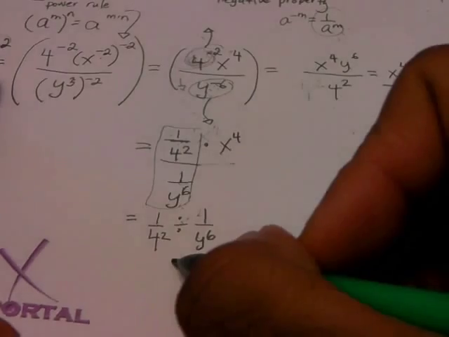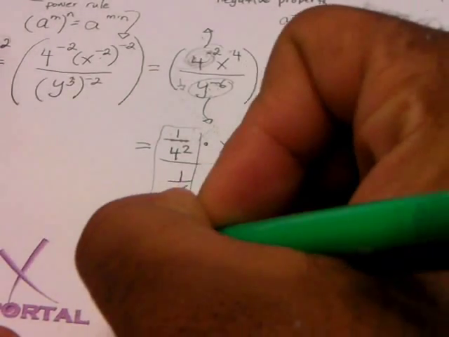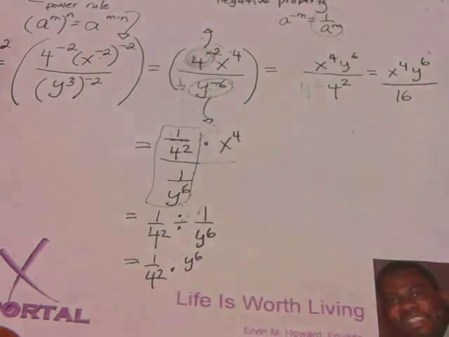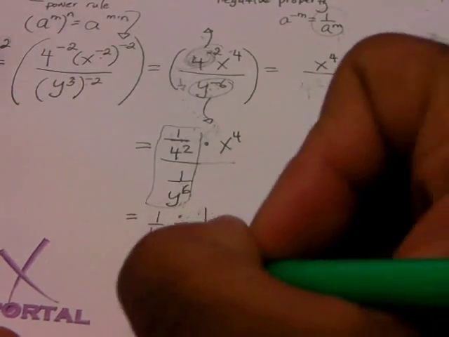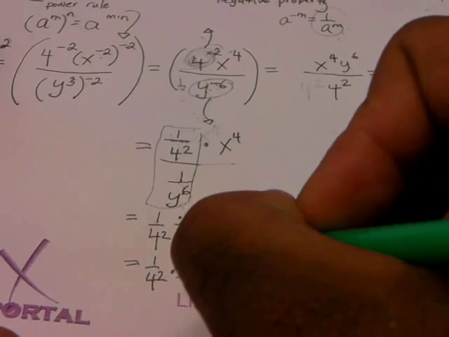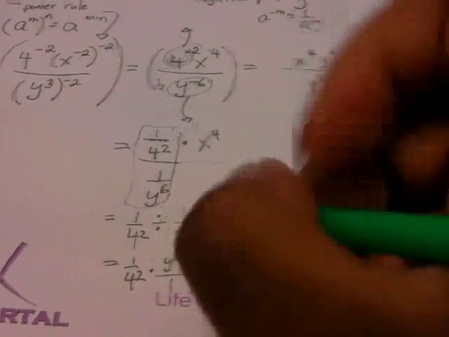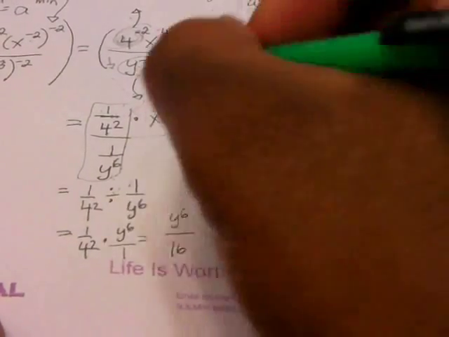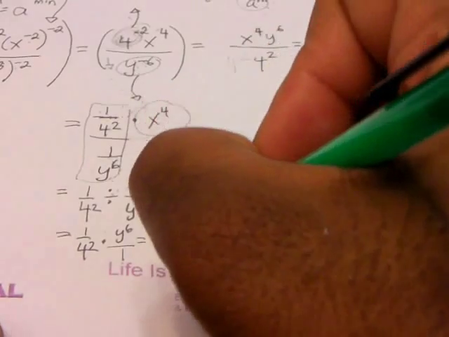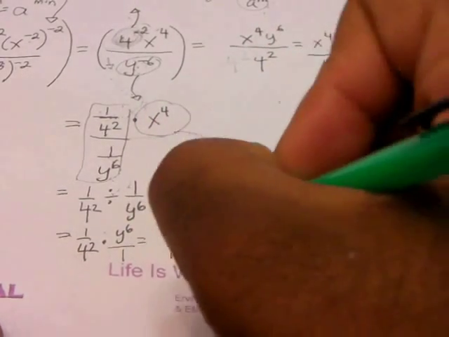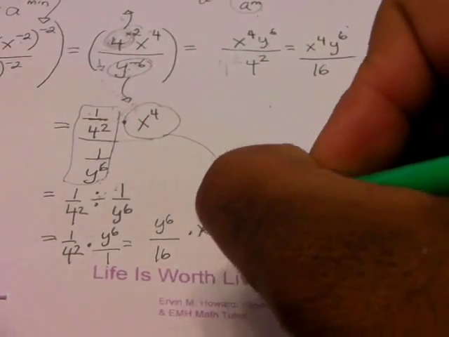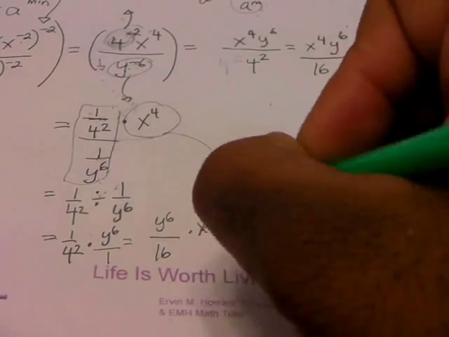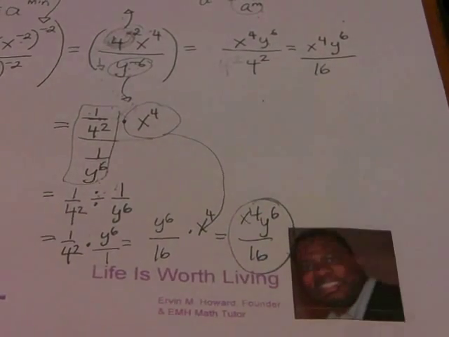We multiply by its reciprocal, y to the 6 over 1, which equals y to the 6 over 4 raised to the power of 2, which is 16, and then we bring back x to the 4, and that will give you x to the 4 and y to the 6 over 16.